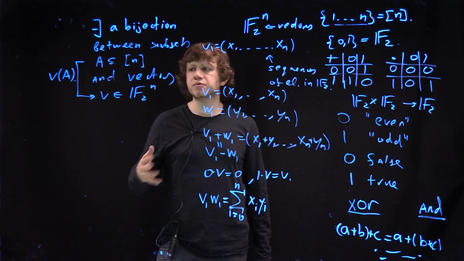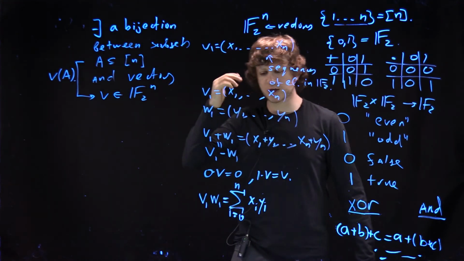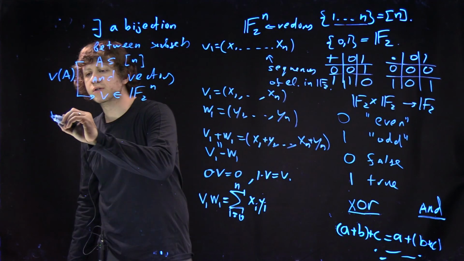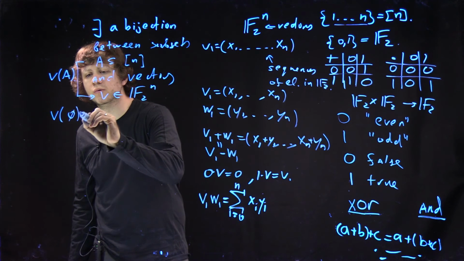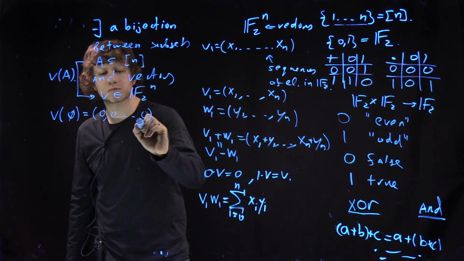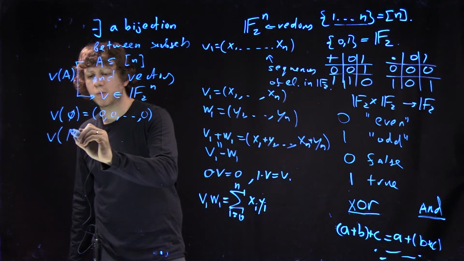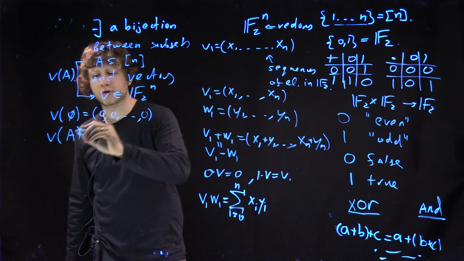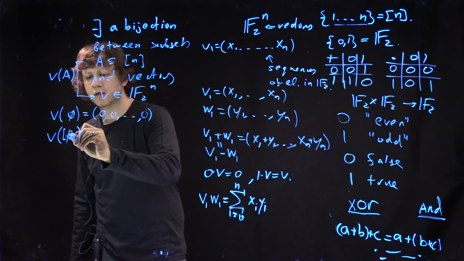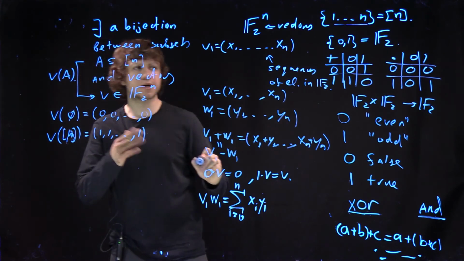And then I can try to see whether this bijection has any nice properties, other than being a bijection. So for instance, I know that the empty set will go to just the 0, 0, 0, 0 vector, which is cool. Origin. And if you apply this bijection to the whole thing, to N, you will probably end up with the vector 1, 1, 1, 1, because all elements are there.